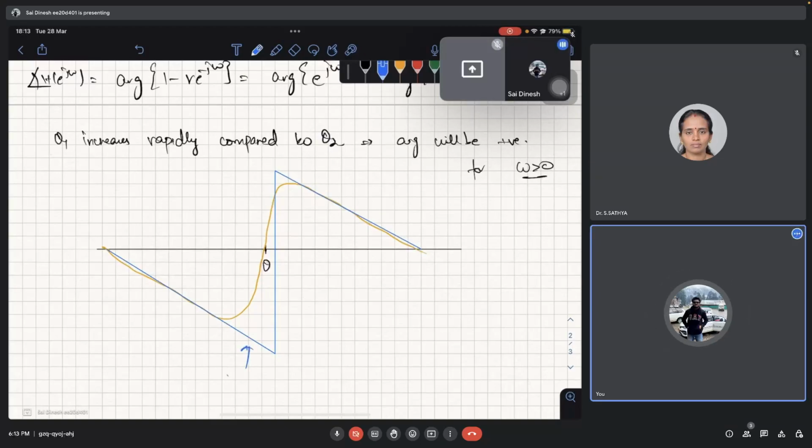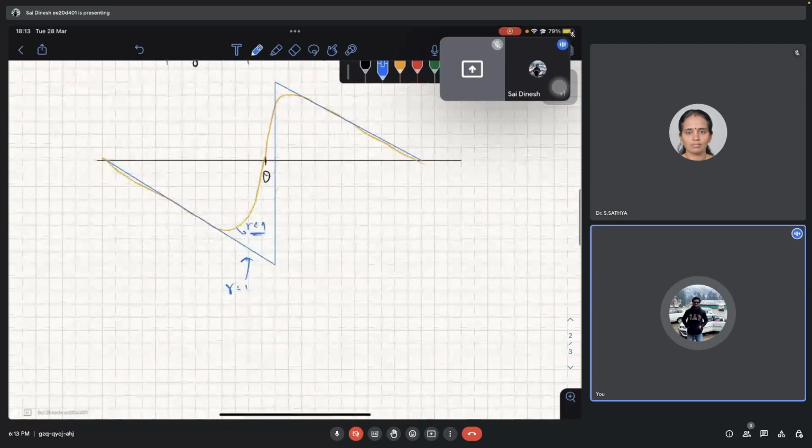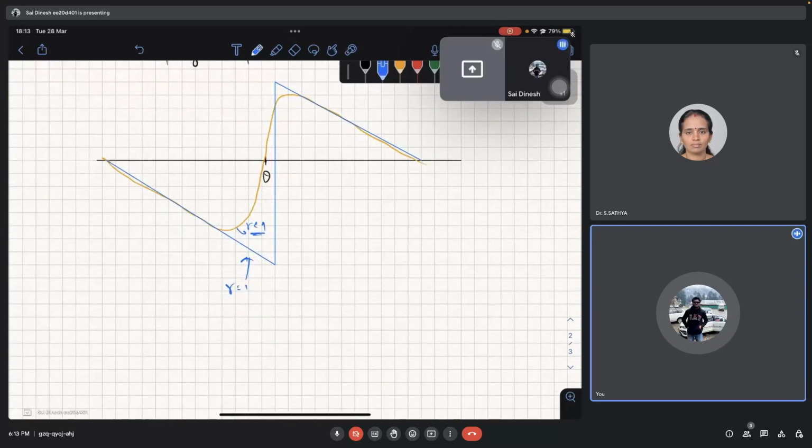This is when R equal to 1 and this is when R less than 1, right? So when R tends to 1, that is, the zero goes very close to the unit circle, then the phase becomes linear. As R tends to 1, phase becomes linear, right?